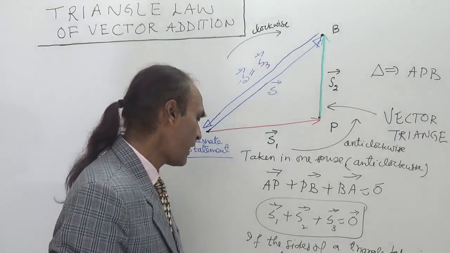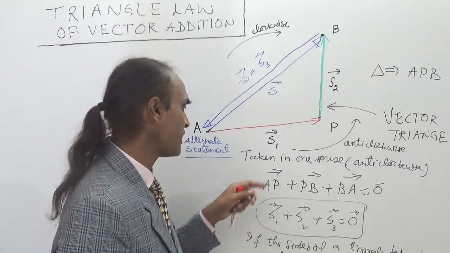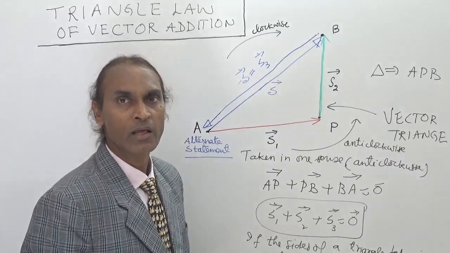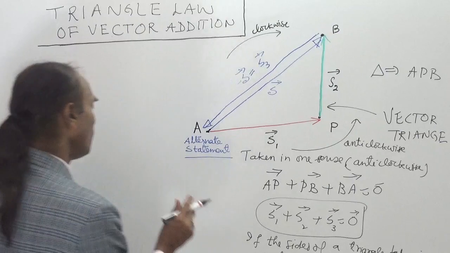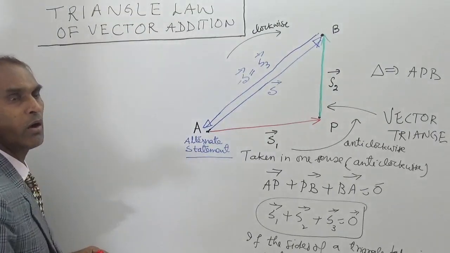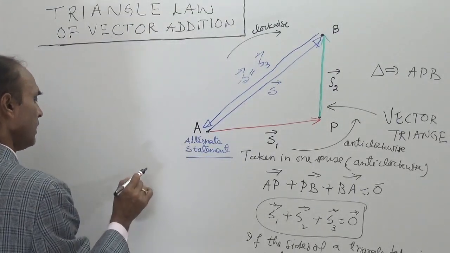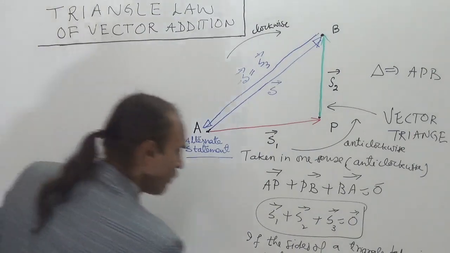Therefore, we can say that the 0 vector in the case of displacement physically signifies that you get back to your original position.